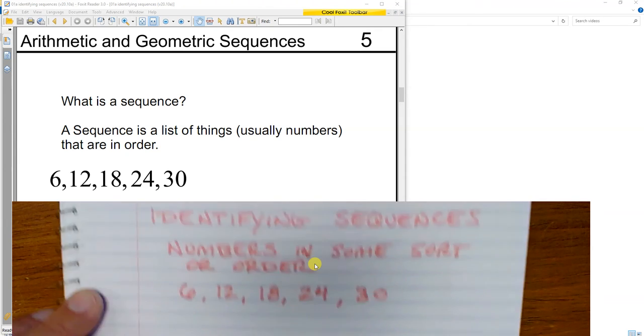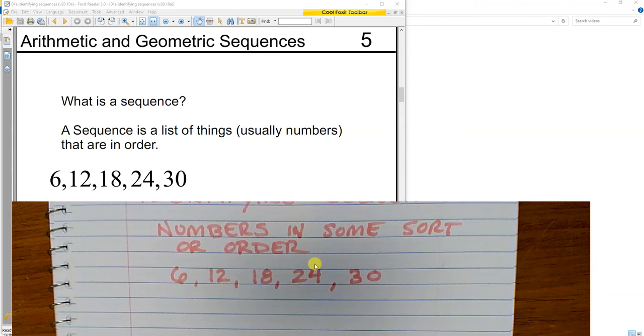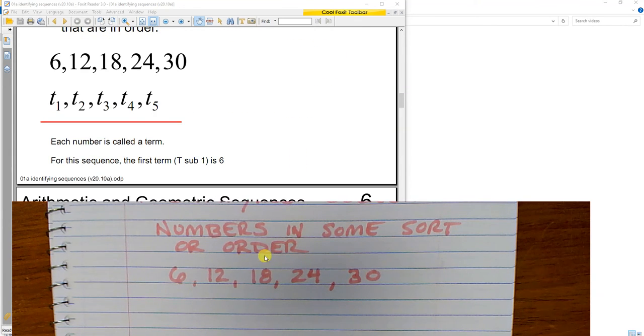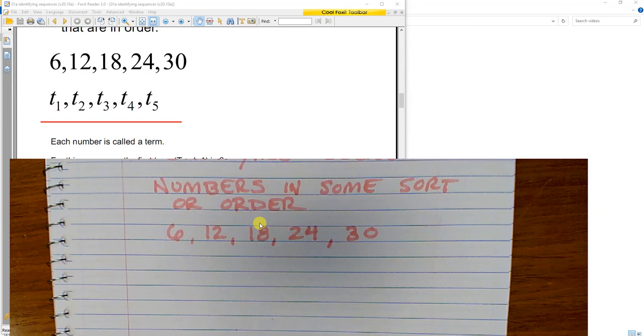Numbers in some sort of order. So this is a sequence. And you've seen sequences in the past, and you can probably figure out what's going to happen next, right? This is plus 6, plus 6, plus 6, plus 6. Each of those numbers is called a term. So we have a total of 5 terms.